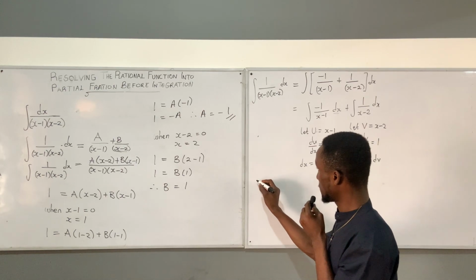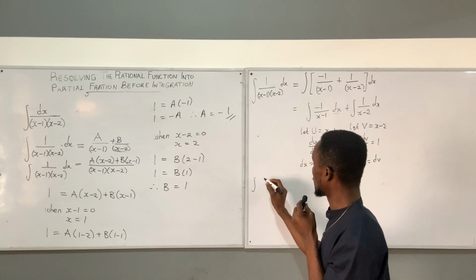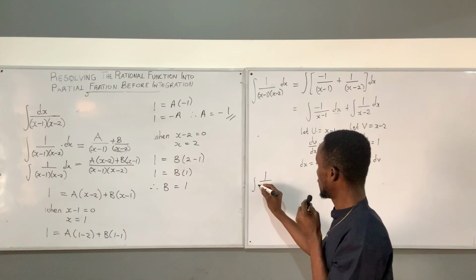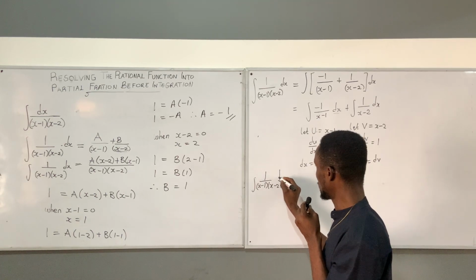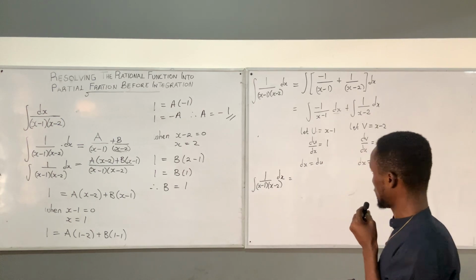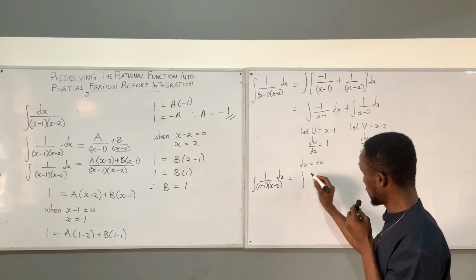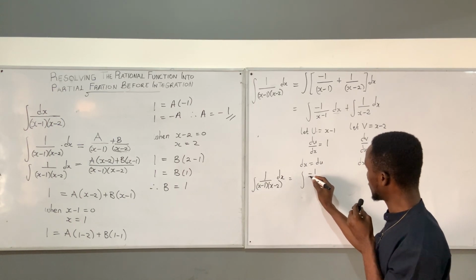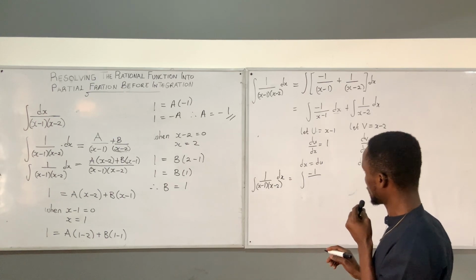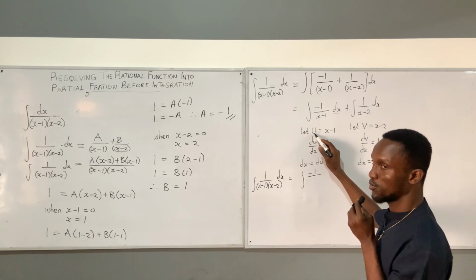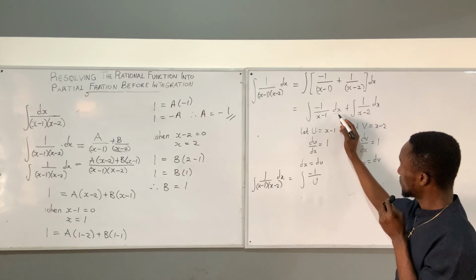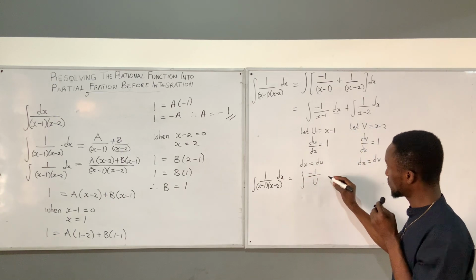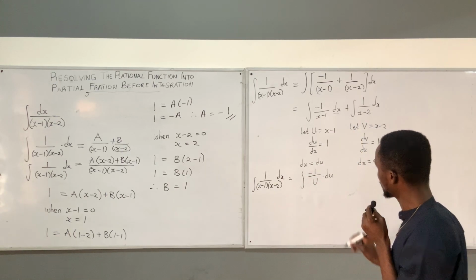Now, when we do that, the integral of 1 over (x minus 1)(x minus 2) dx should give us the integral of negative 1 dividing, and watch, x minus 1 represents the variable u, so I'll put u here. dx is the same as du here, so I'll put times du.